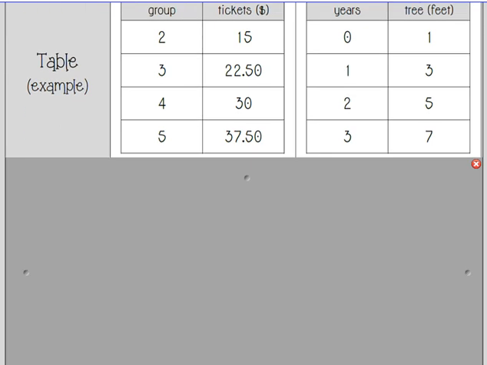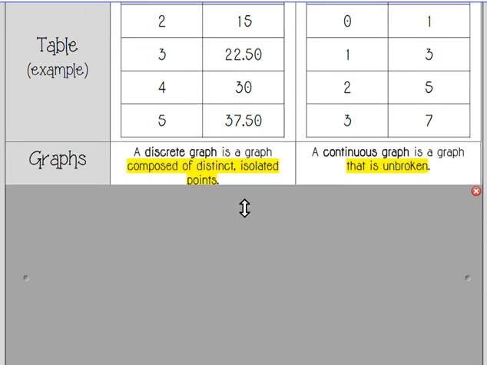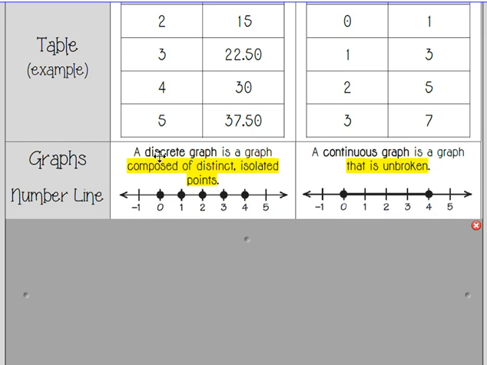And so what this looks like in terms of a graph, so it says a discrete graph is a graph composed of distinct isolated points. So make sure that you write down this highlighted portion on your notes sheet. So composed of distinct isolated points. So on the number line, we have the point 0, 1, 2, 3, and 4.